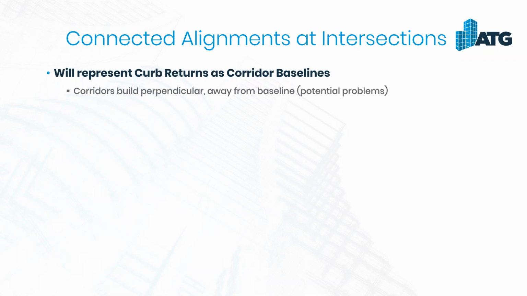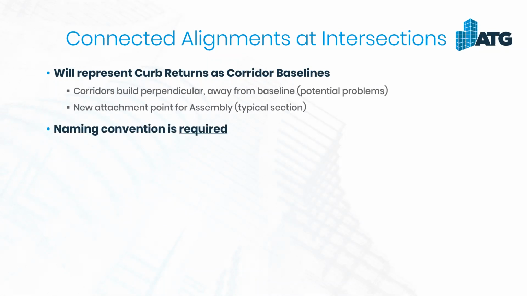So if we're shooting at something that's round, or if we're dealing with these on-street parking bump outs, your curb can look really funny depending on the perpendicular relationship of your baseline and your target object. Because we want these curbs to look right and have accurate widths and such, we're going to use these as a baseline in our corridor for those curb returns. And it's going to provide us a new attachment point for our assembly.